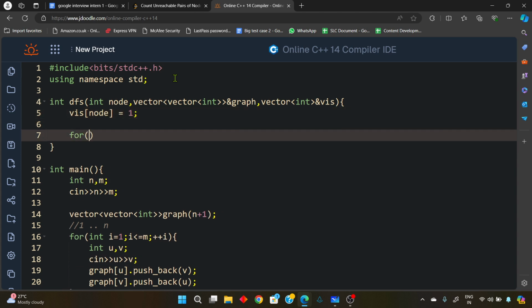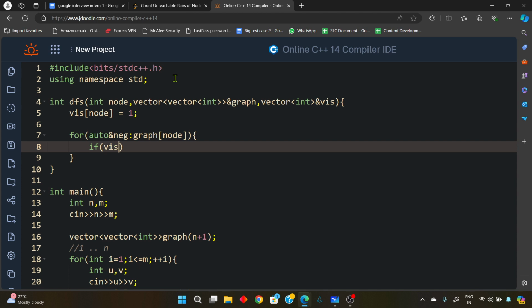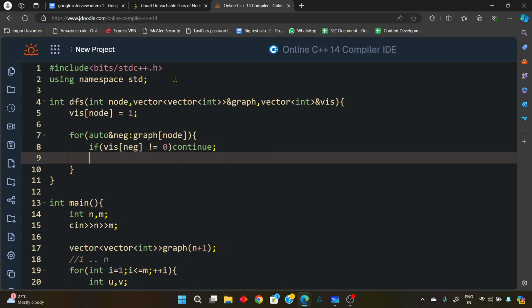After that, you are going to go to all the neighbors of this particular node. If the neighbor is already visited, you have to continue, move on to next, else you'll visit that neighbor.